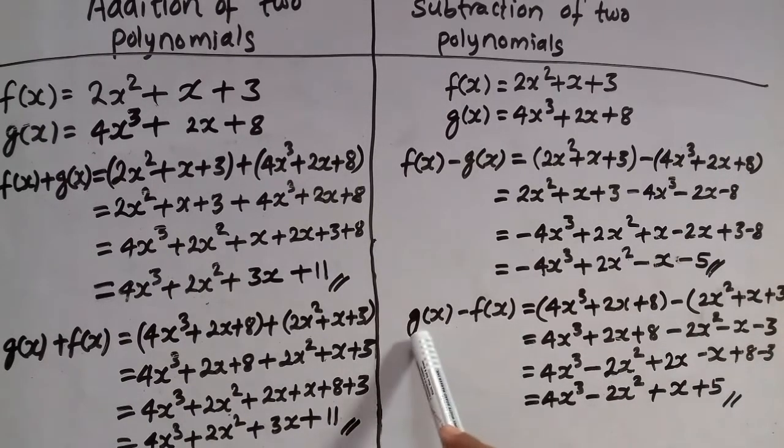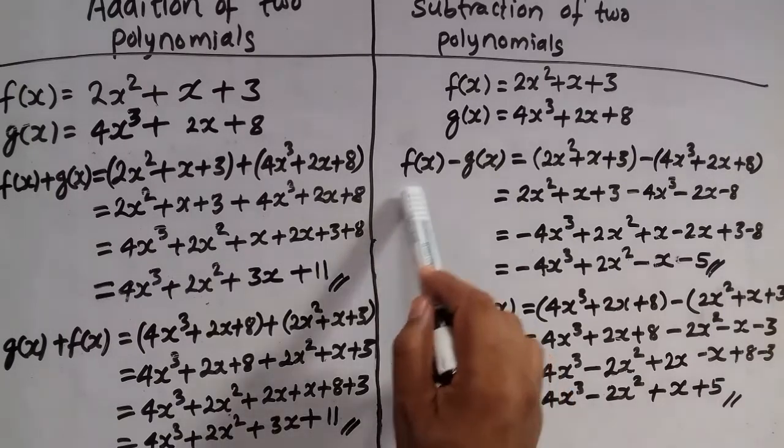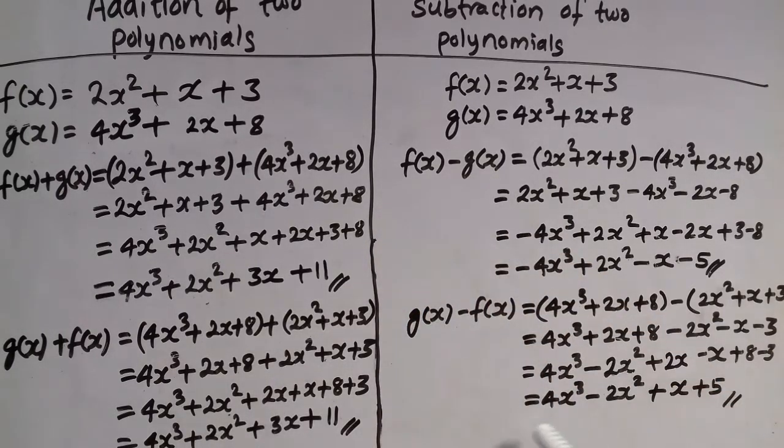Here we have seen gx minus fx and fx minus gx is not same. The answer of these two is different. But here fx plus gx and gx plus fx, these two polynomials have same answer.